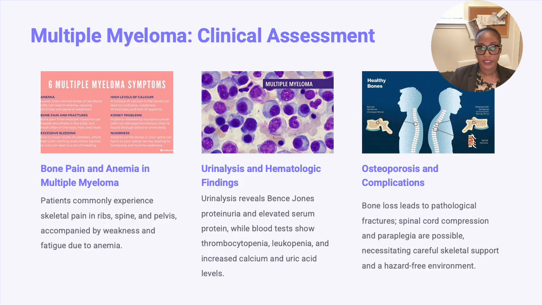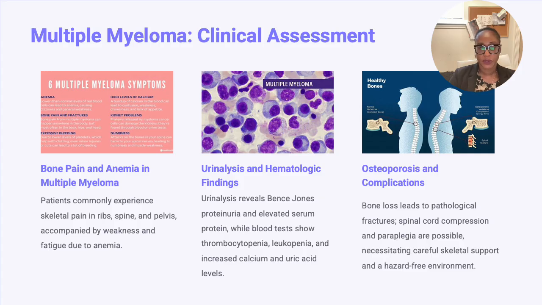The total serum protein level is going to be elevated as well. Osteoporosis, which is bone loss, and the development of pathological fractures, thrombocytopenia and leukopenia, elevated calcium and uric acid levels can lead to kidney failure, spinal cord compression, and paraplegia.